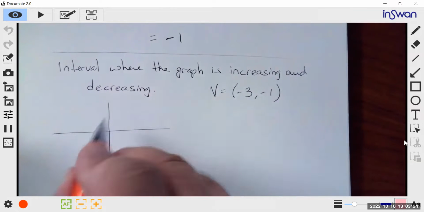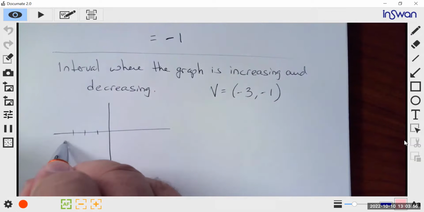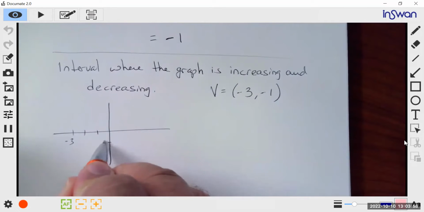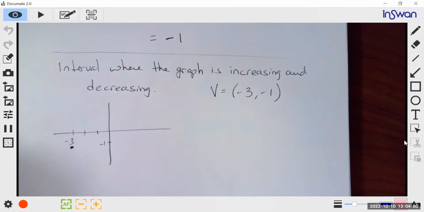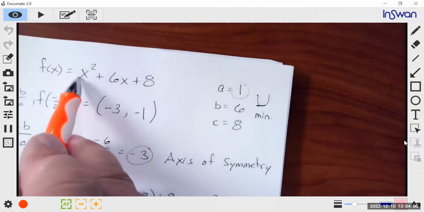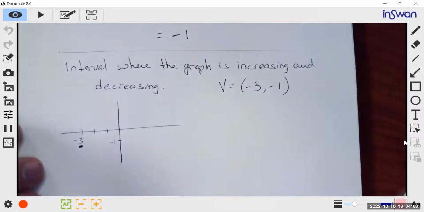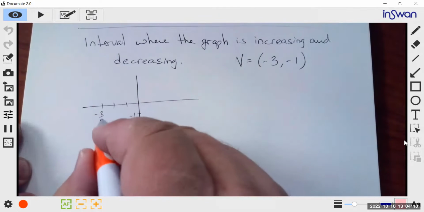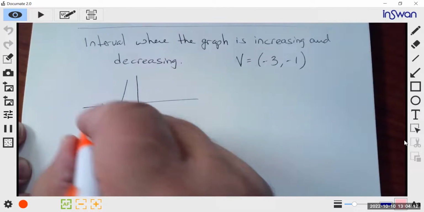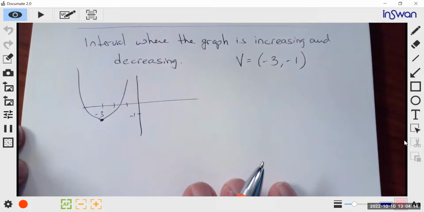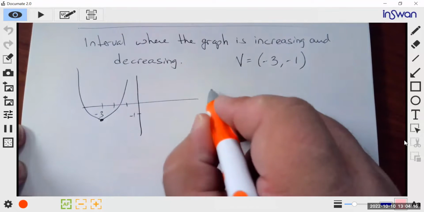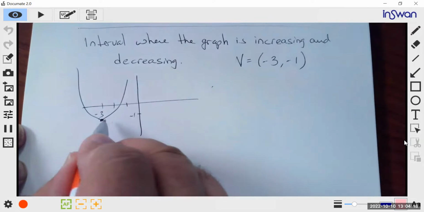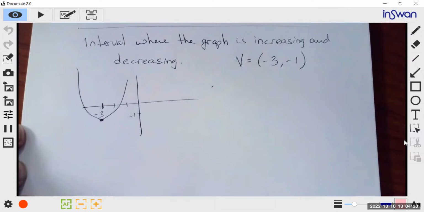Well, the vertex is at -3, -1. Does it open up or down? It opens up, because a is positive. So that means at -3 is the lowest point, right?